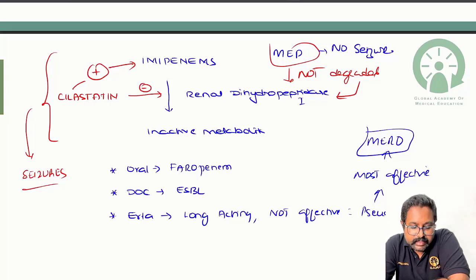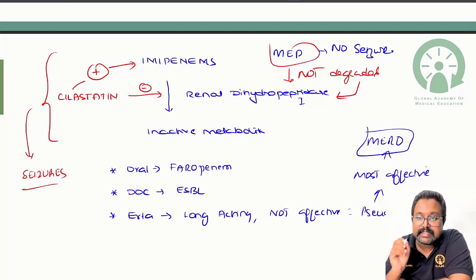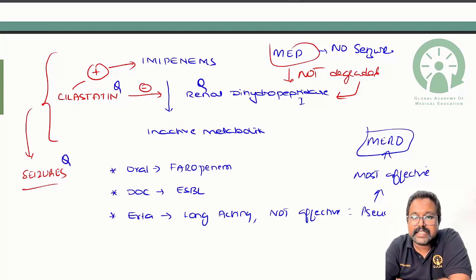So this was about the class on the carbapenems. Please remember, most of the time they have asked why cilastatin is added to imipenem. This will be the MCQ. The reason being, which enzyme is inhibited? Renal dihydropeptidase. Again, very important. What is the risk involved? It increases the risk of seizure.